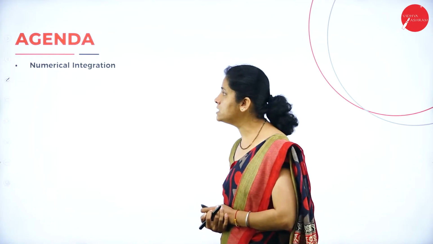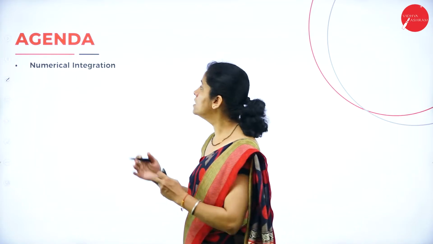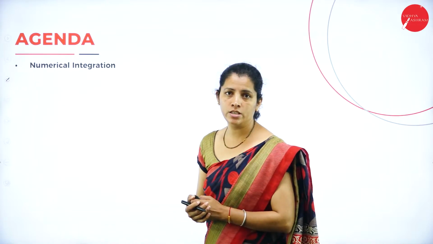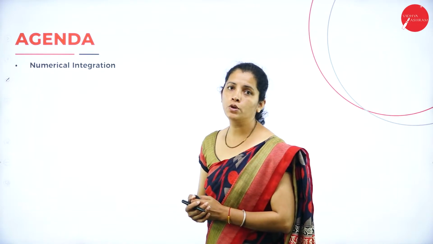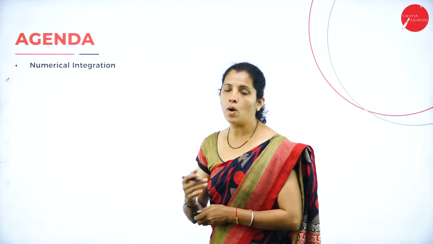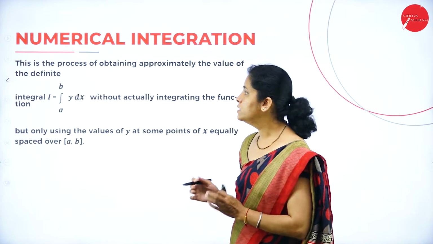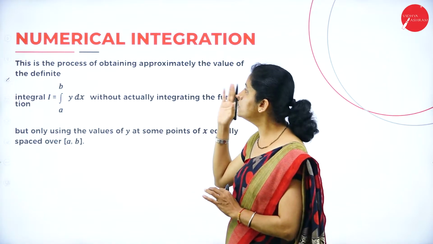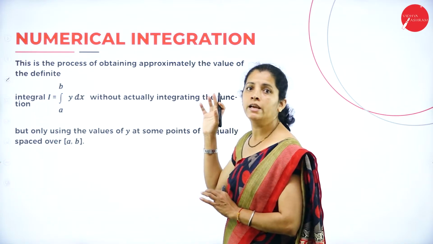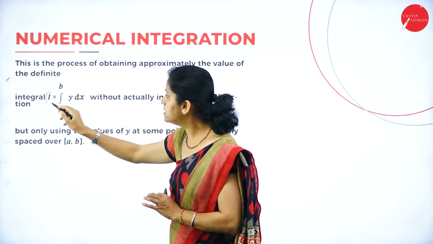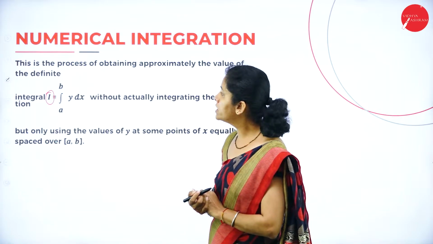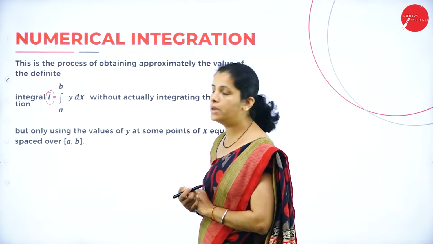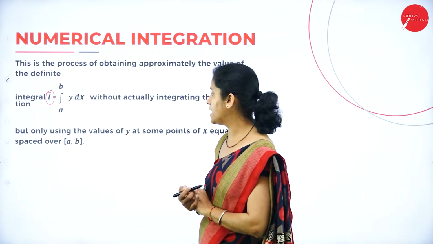Now in my today's session, I am going to deal with numerical integration. In that, I am going to deal with Simpson's 1/3 rule. So dear student, numerical integration is represented in terms of I, which ranges from a to b of y dx.